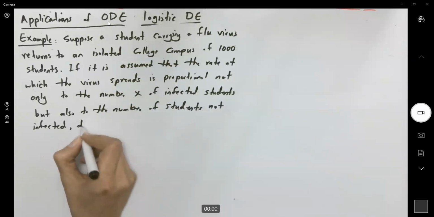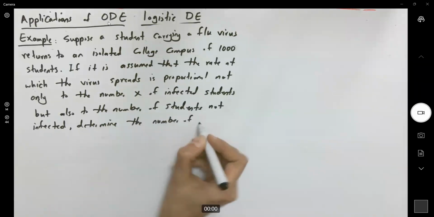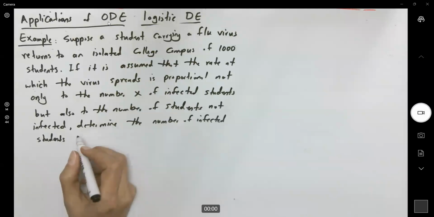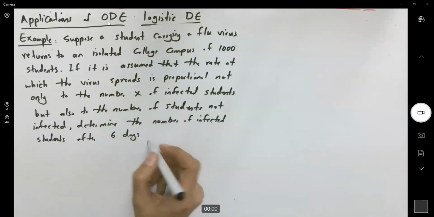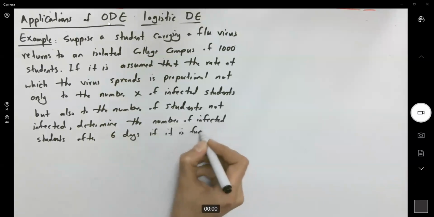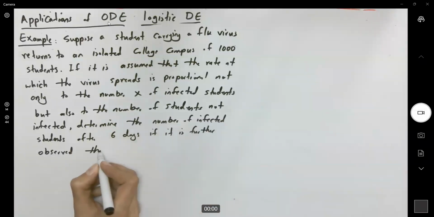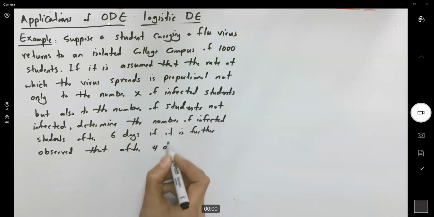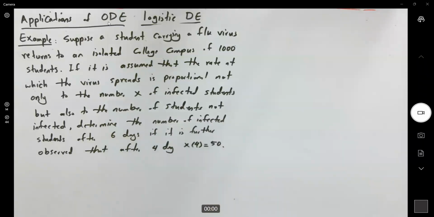Determine the number of infected students after 6 days, if it is further observed that after 4 days, X of 4 is equal to 50.